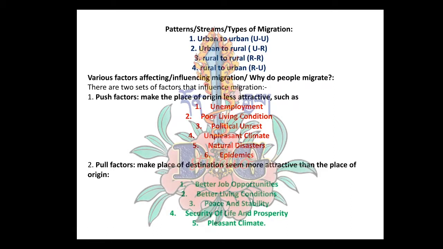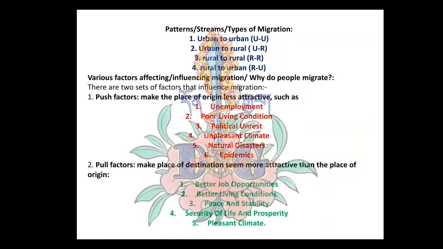Rural to rural, if you talk about India: we have different reasons, but one main reason is marriage, bride to bridegroom, we can say like that. And the fourth stream of migration is rural to urban. People are moving from rural to urban for education, for medical, for job and other reasons, but mostly they are moving because of job opportunities.